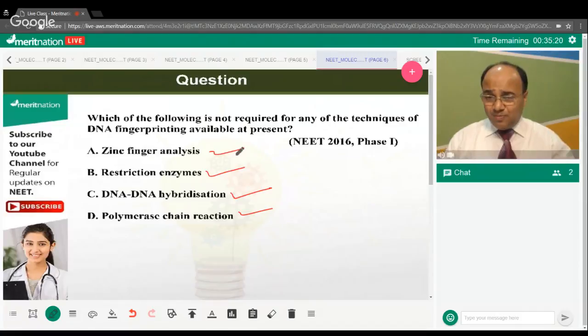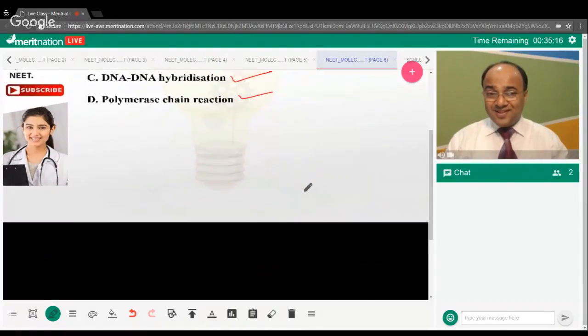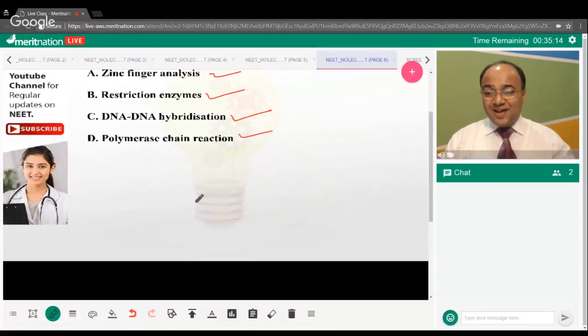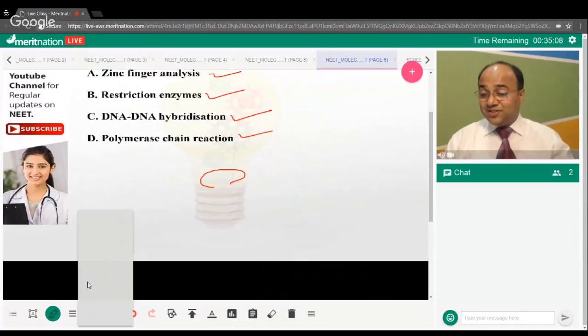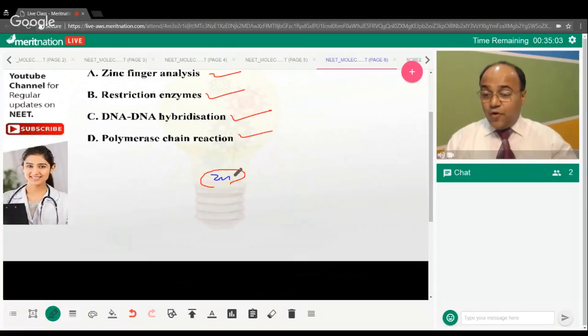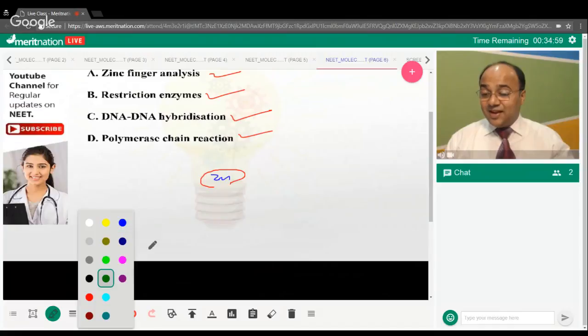What is zinc finger, by the way? A finger made up of zinc? It's a motif, a small secondary structure of a protein in which there is a zinc ion involved. And it forms coordination bonds with this secondary structure motif of the protein.